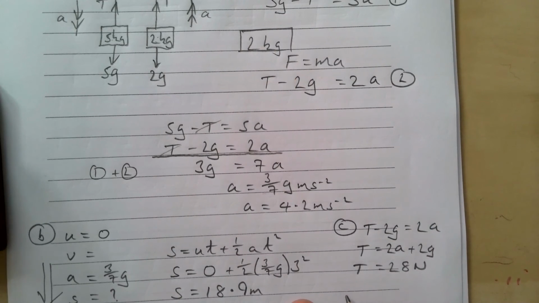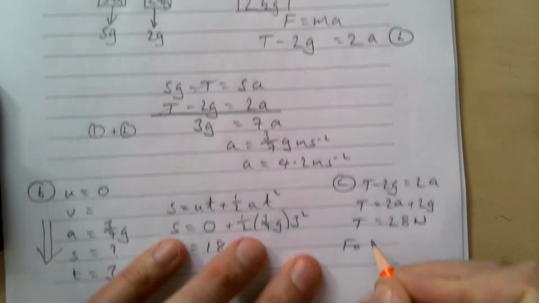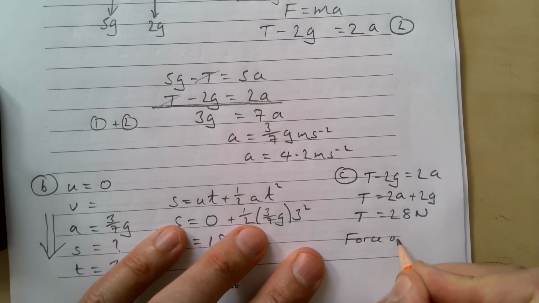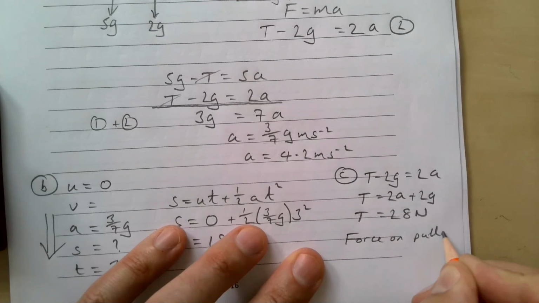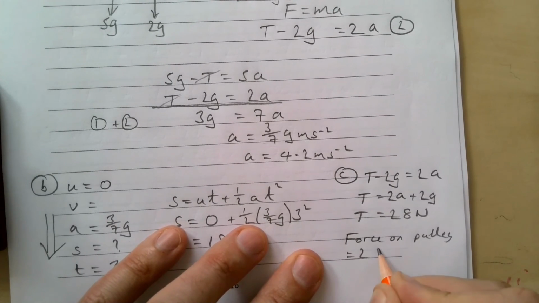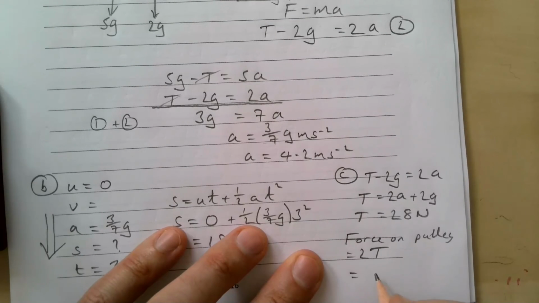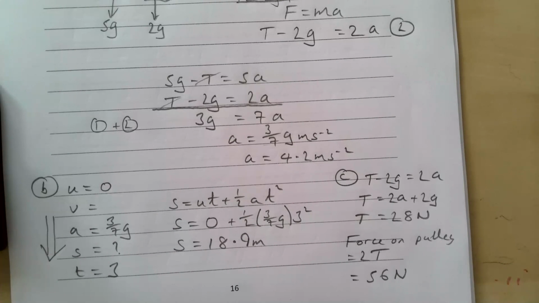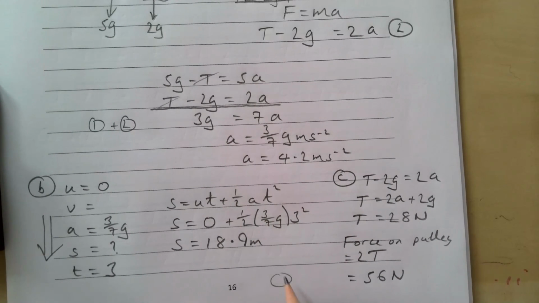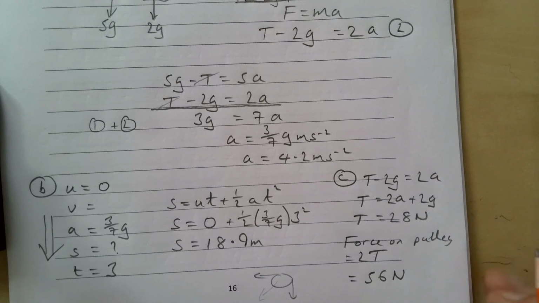Then force on pulley equals 2T, which is equal to 56 newtons. Sometimes the strings aren't parallel to each other. Sometimes the pulley acts like this, and there's a tension coming off like this, and a tension coming off like that. In that case, you need to resolve. We'll be doing that a little bit later on, but that answers that bit from there.